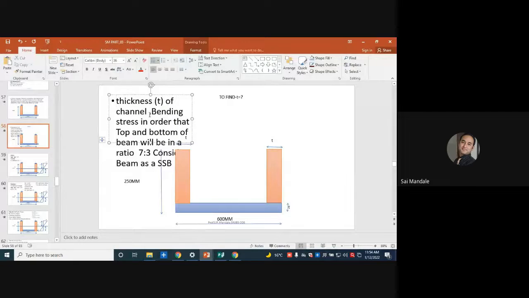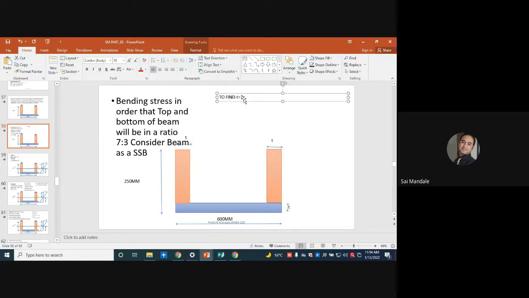the beam. Okay. Then the bending stress at the top and the bottom is 7:3. Consider the beam as a simply supported beam. So the stress in the beam is 7:3. So what is given to us?